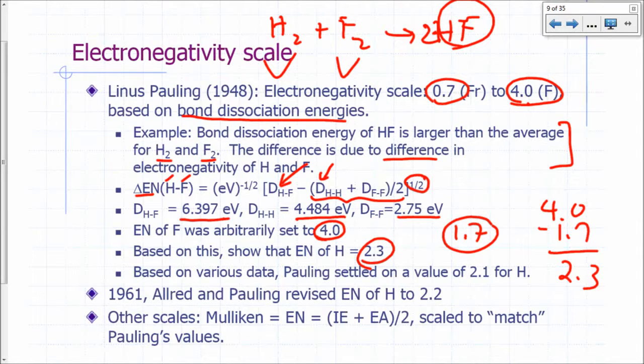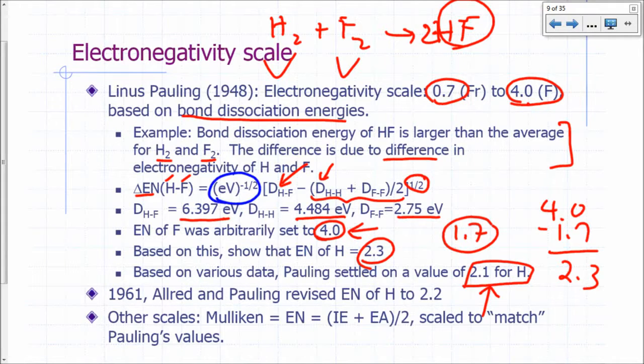Based on various data, he did not just rely on H2 and F2; he settled on the best possible values. Based on his original work, Pauling came up with a value of 2.1 for H if fluorine was given an electronegativity value of 4.0.